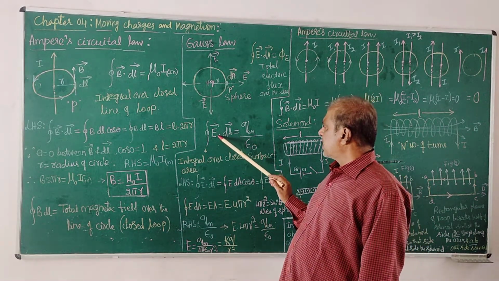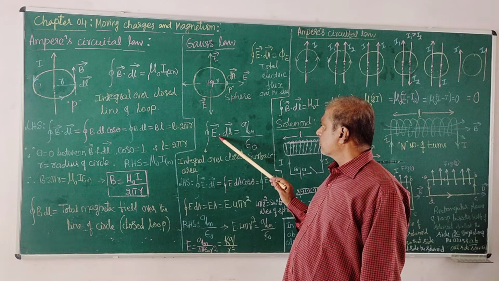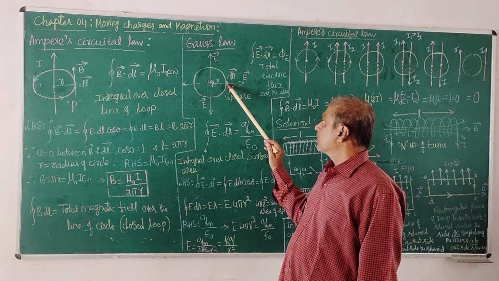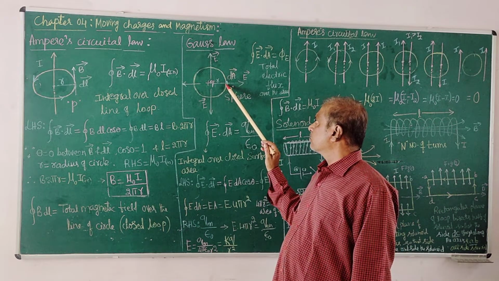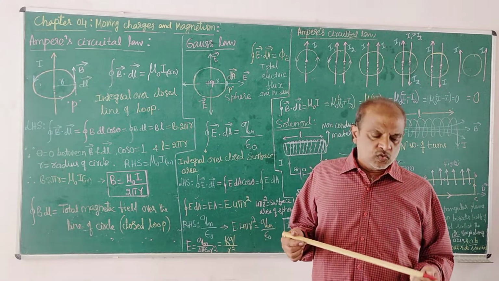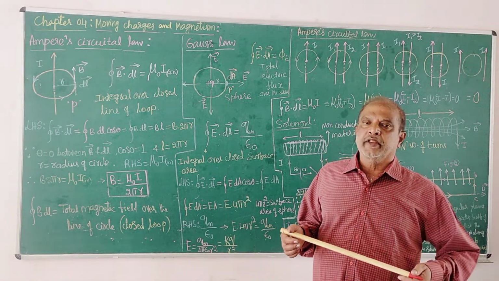To understand this mathematical statement, we have to take a point on the sphere. At this point, again two vectors are operating.